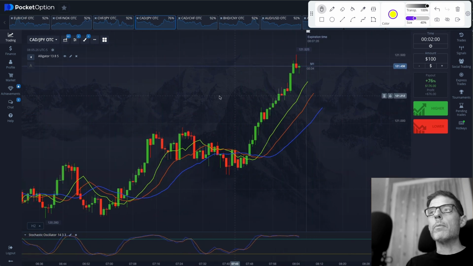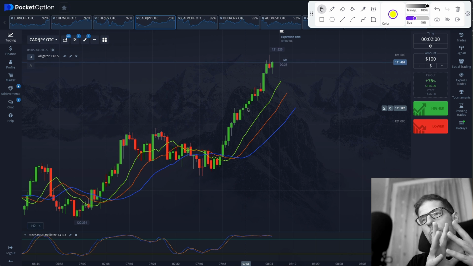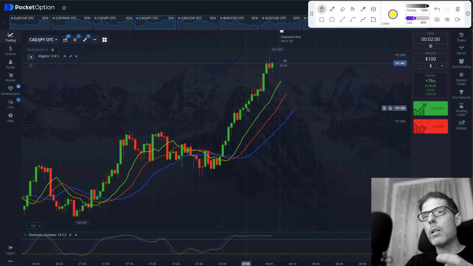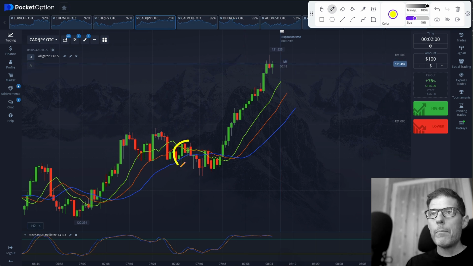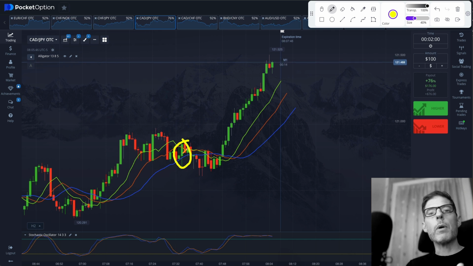Here's another example. Typically for me, I would like to enter a trade when I see that the alligator lines are further apart. Because when they start to get closer, like you can see here, when they start to bunch up together, next thing you know, we're going into some sideways movement, right? We're going into consolidation here.